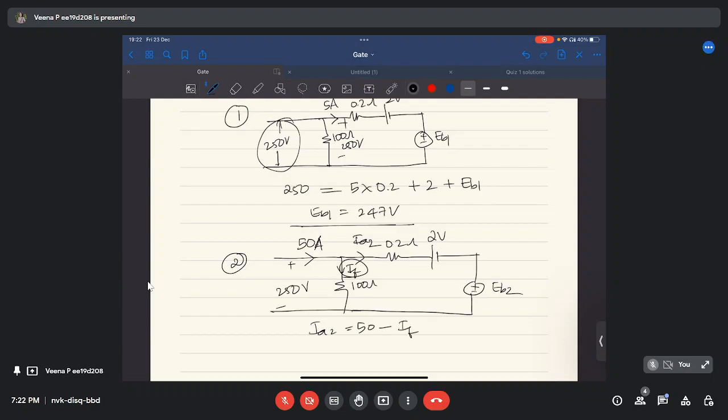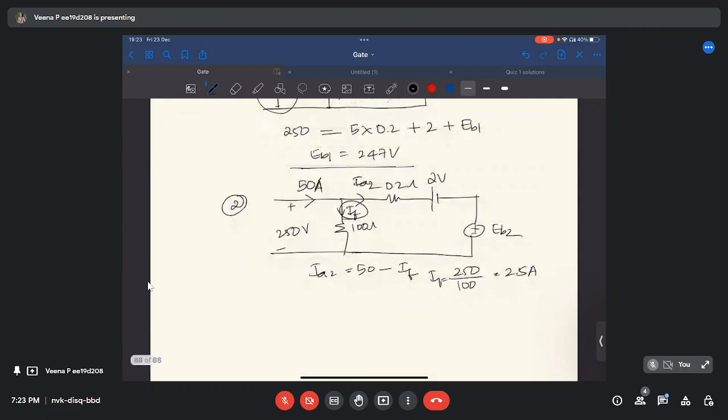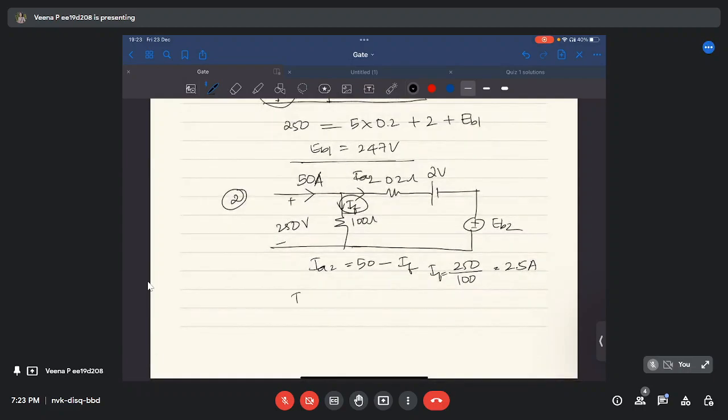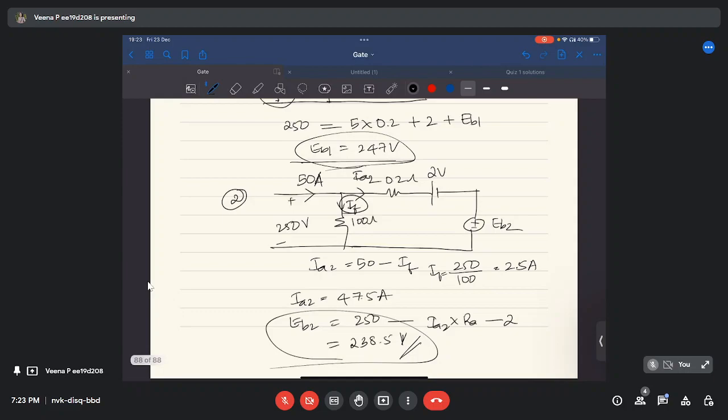IF is nothing but 250 by 100, which is 2.5 ampere. So your IA2 will come out to be 47.5 ampere. So your EB2 will be 250 volt minus IA2 times RA minus 2, which is 238.5 volt.